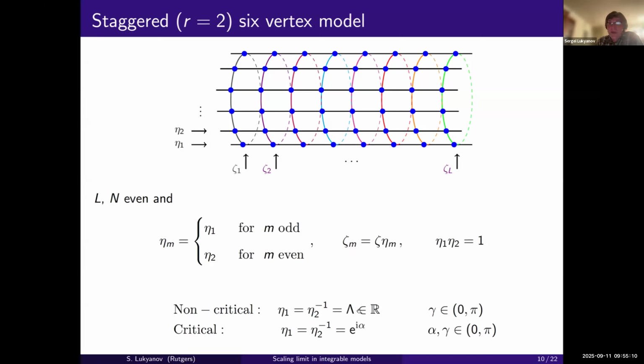It's not critical. Critical behavior occurs when inhomogeneities are unimodular, as is the anisotropy parameter. In other words, a critical system will be characterized by two parameters, alpha and gamma. Both of them can be chosen in the segment from 0 to pi.